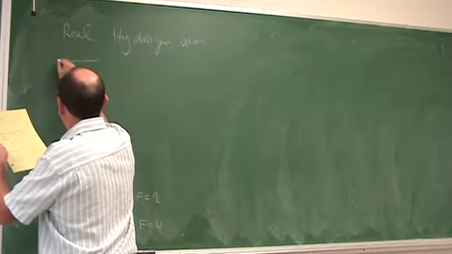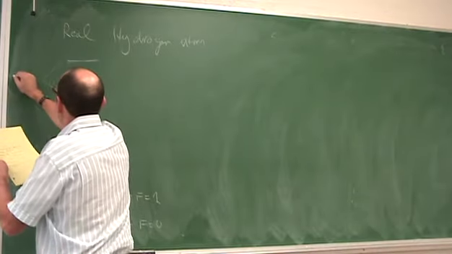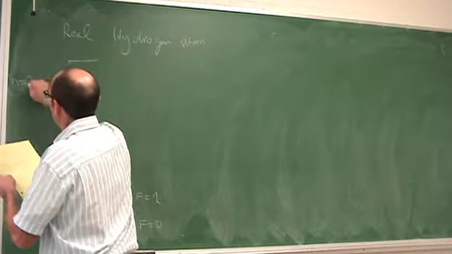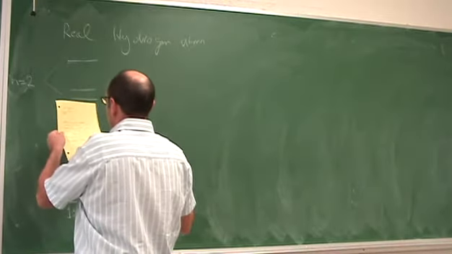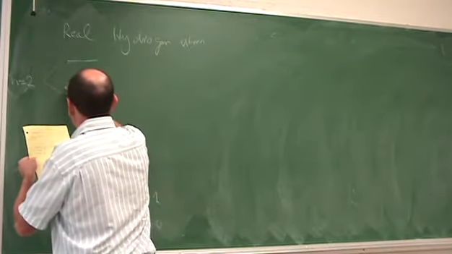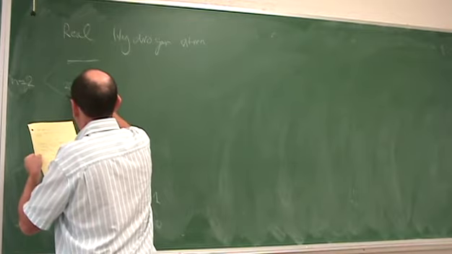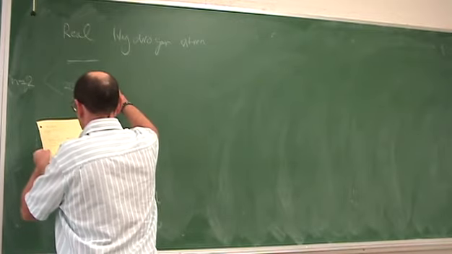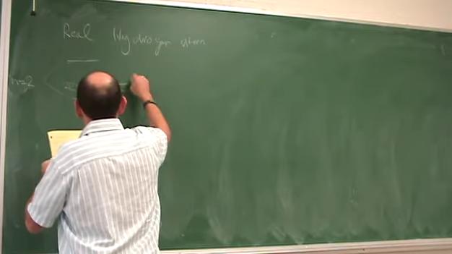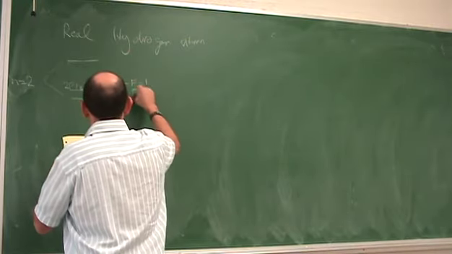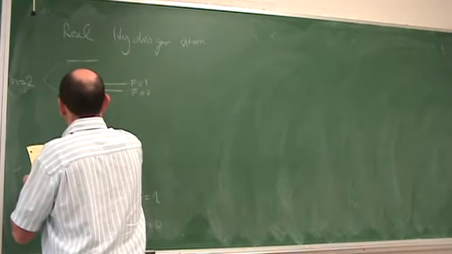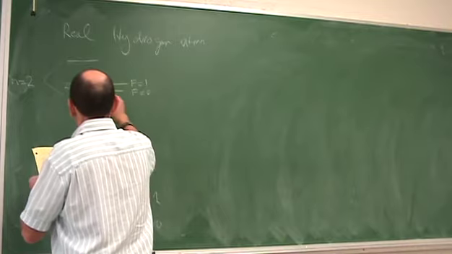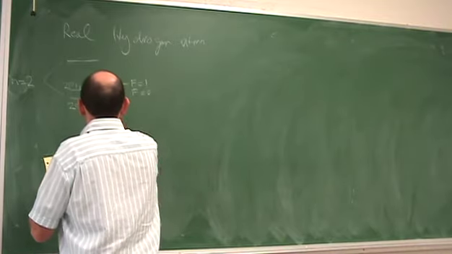This is all the n equals 2 manifold, where we have the 2p 1/2 now gets split up into an F equals 1 and an F equals 0. The 2s 1/2 gets split up as well.